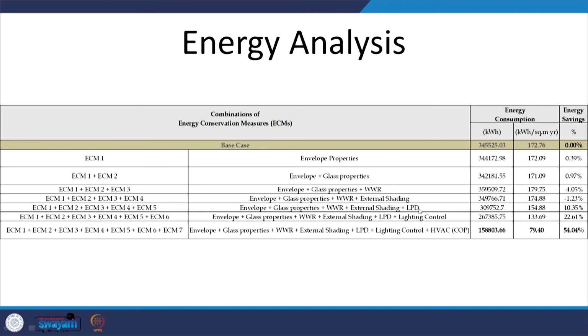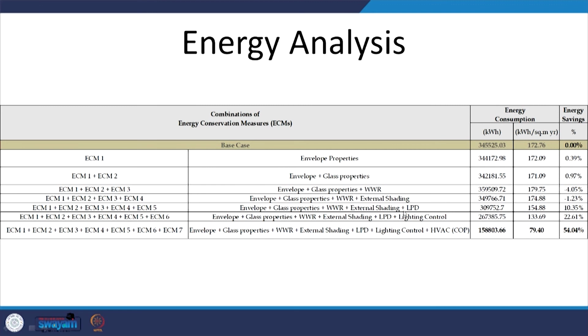So, in any case, we have to use artificial lights, but instead of using the conventional lighting system, we may go in for lights like LED, which have better efficiency. On top of that, if the lighting controls are added, we get an additional saving of around another 12%.